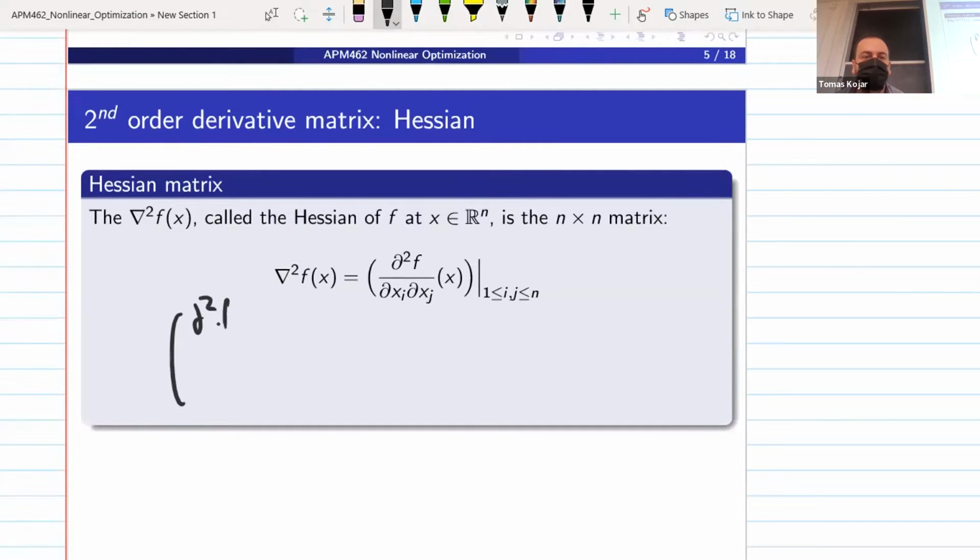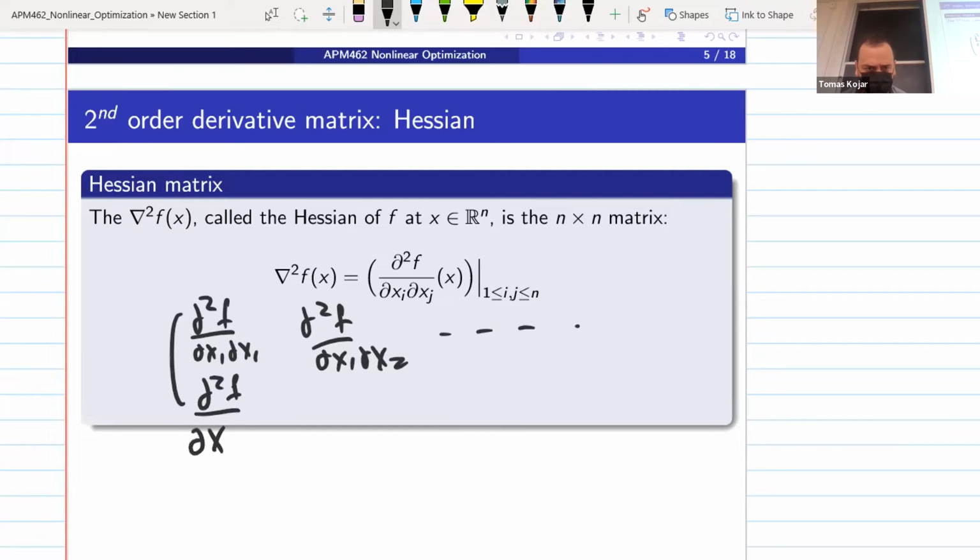So the second partial with respect to x_1, x_1, the second partial with respect to x_1, x_2, and so on, right? Okay, and then I can write one underneath. x_2, x_1. Okay, that's an n by n matrix because you have n derivatives. Is that okay?